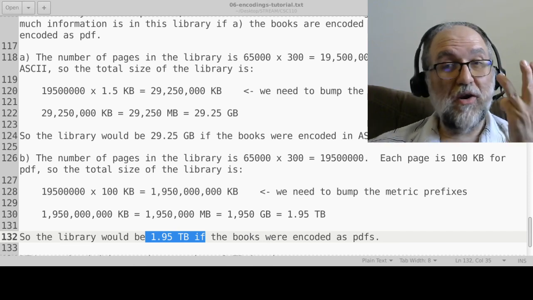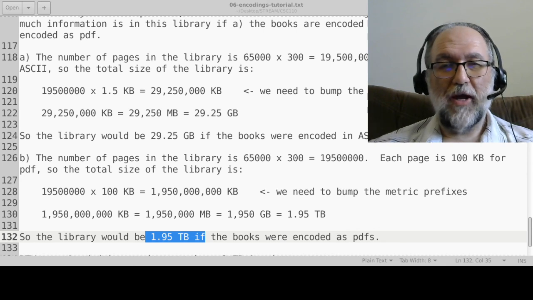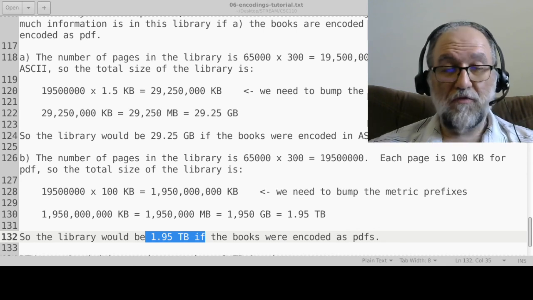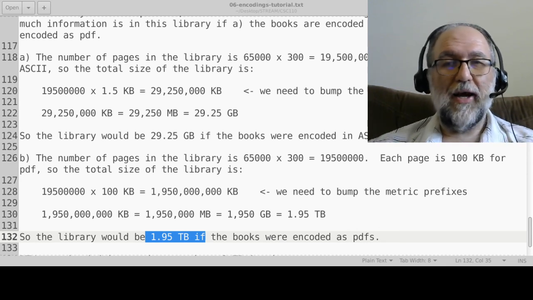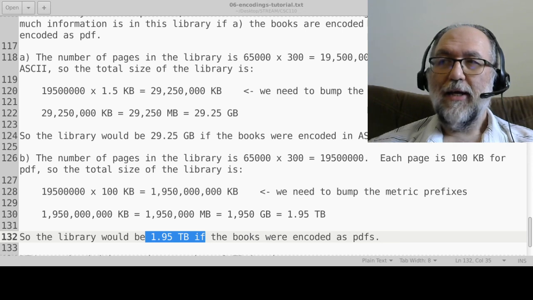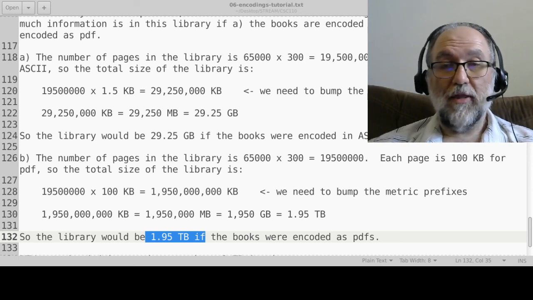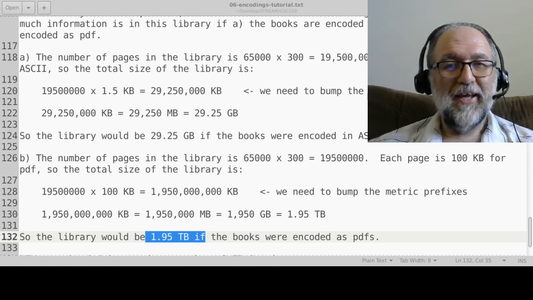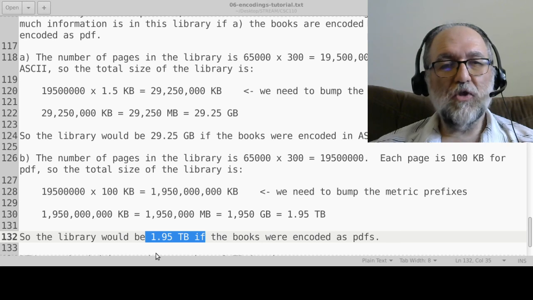So if you live to 100, well, let's say 90. 90 divided by 3 would be 30. So you'd only get up to about 30,000 books, which is a lot. Anyhow, computers can store a lot of information.